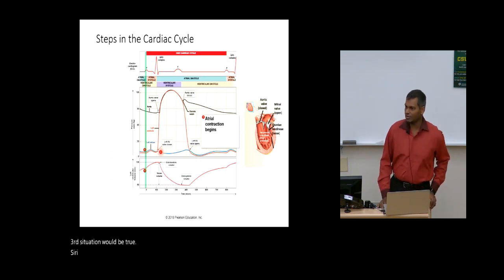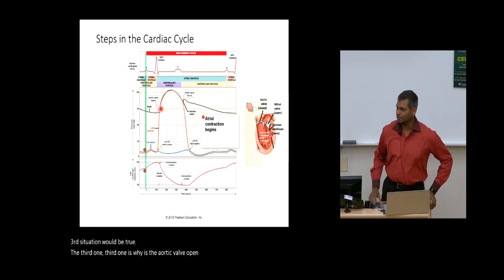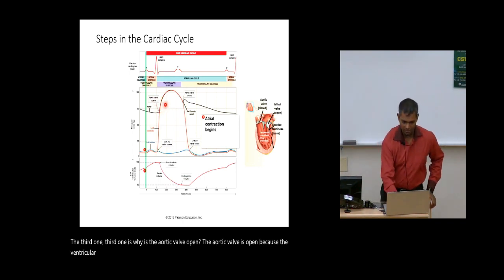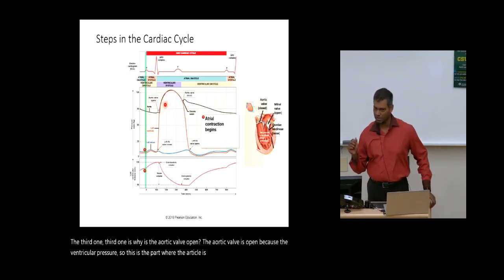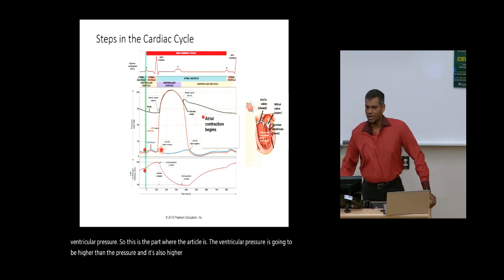The third one is, why is the aortic valve open? The aortic valve is open because the ventricular pressure, so this is a part where the aortic valve is open, is going to be higher than the aortic pressure, and it's also higher than the atrial pressure.